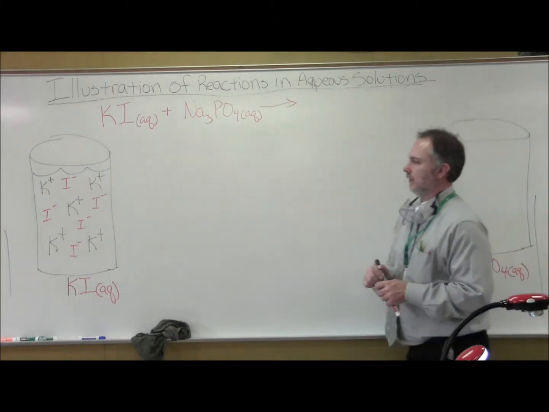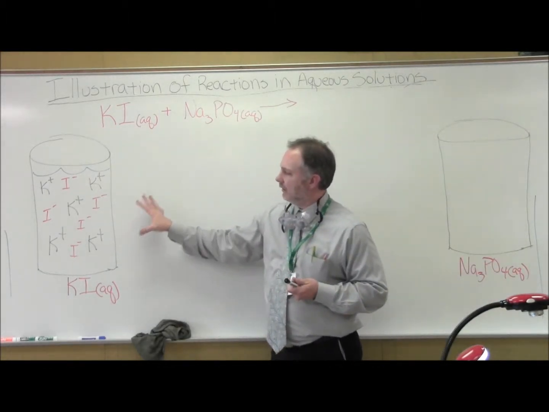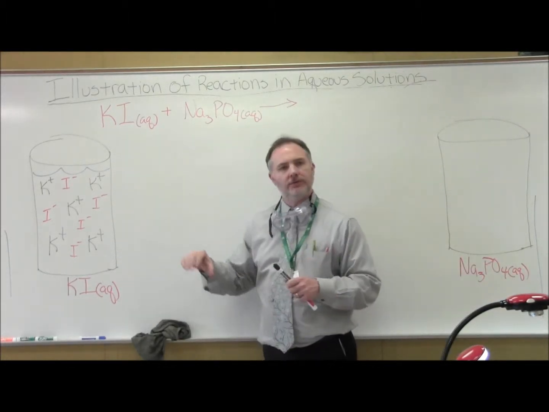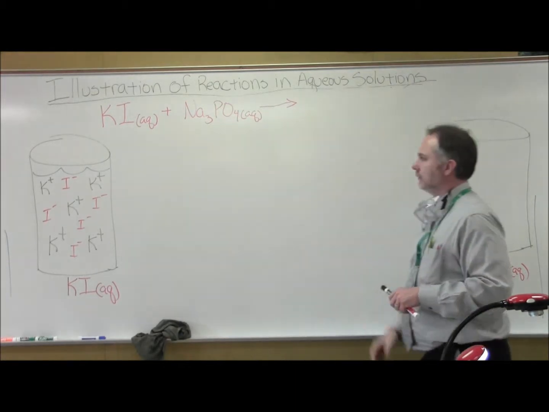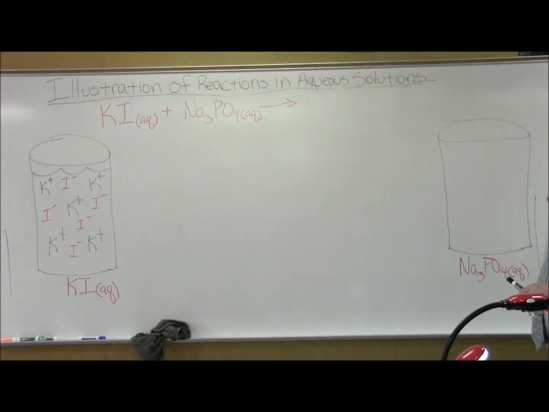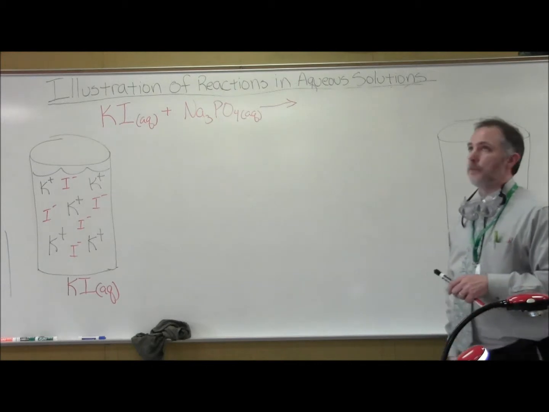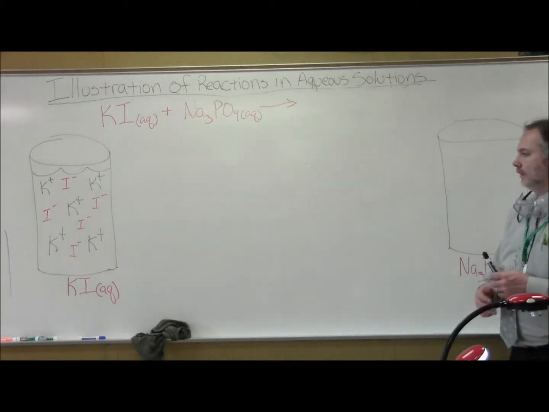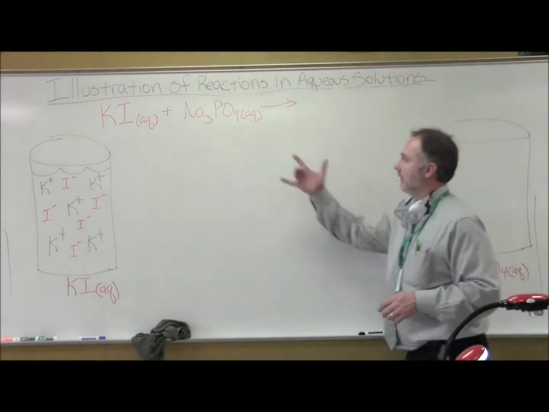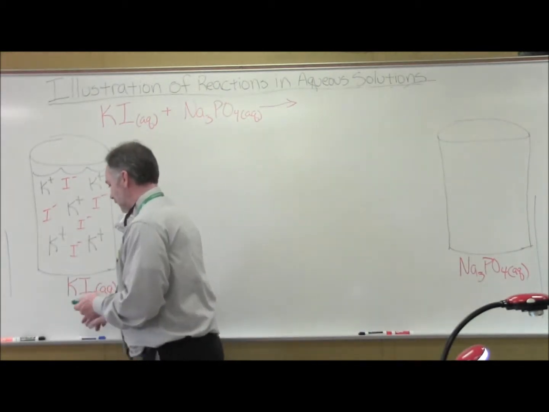So what we have to picture is when this potassium iodide dissolves, it all breaks apart and you don't see anything. It's all dissolved. And that's going to be the same thing that happens with the sodium and the phosphate here.